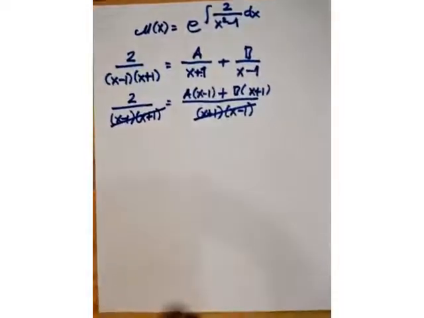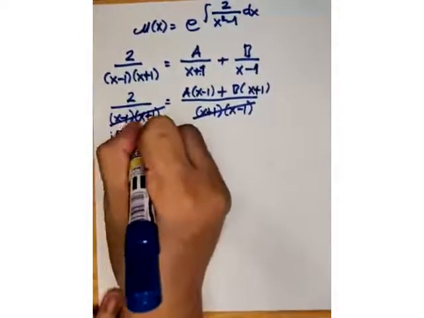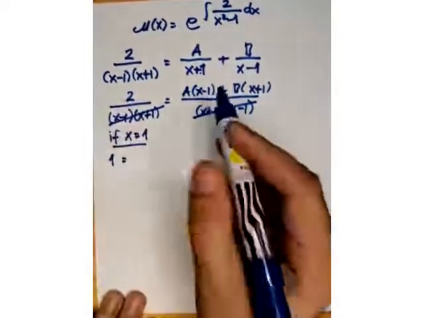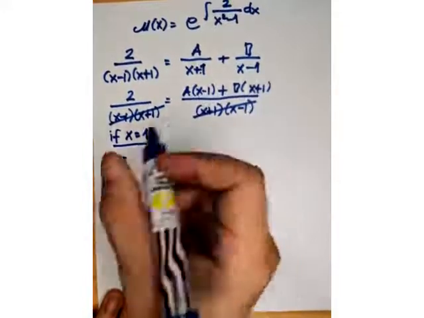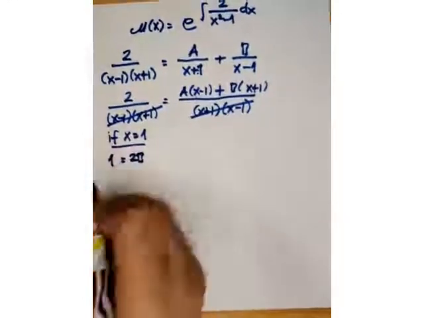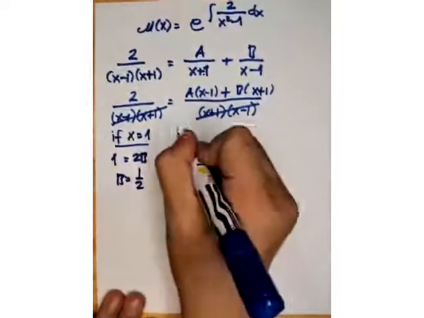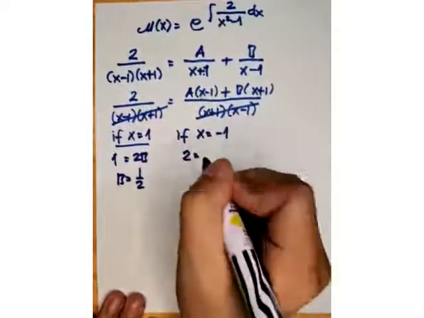So pagdating dito, mag-substitution na lang tayo. So let's say if x is equal to positive 1, ano yung value dito? So 1 is equal to, if x is 1, so this is 0. So that will be 2b. So b is equal to 1/2. Next. If x is equal to negative 1, left side is still 2.